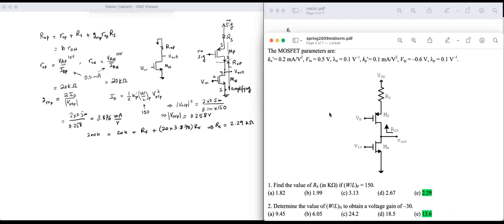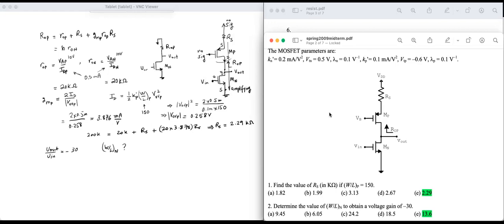Determine the value of W over Ln to obtain a voltage gain of minus 30. So now we're given that V out over V in is minus 30, and we need to find W over Ln. So what is W over L for the N MOSFET? Okay, we established that this is a simple common source amplifier, even though it has 2 MOSFETs and a resistor.